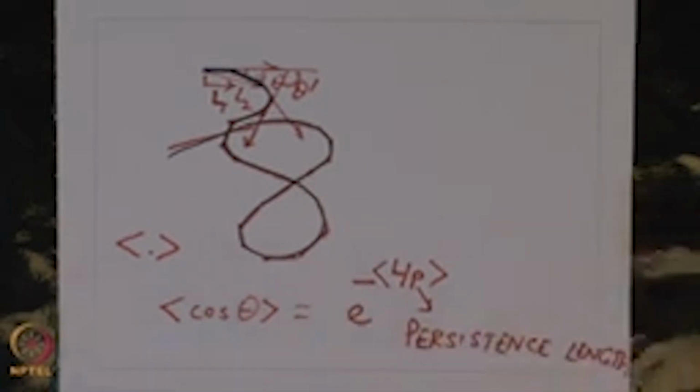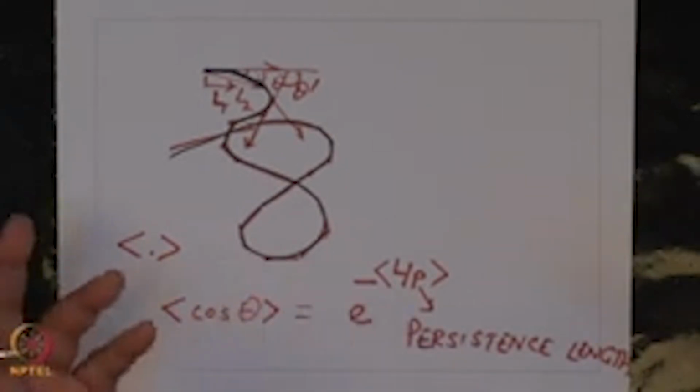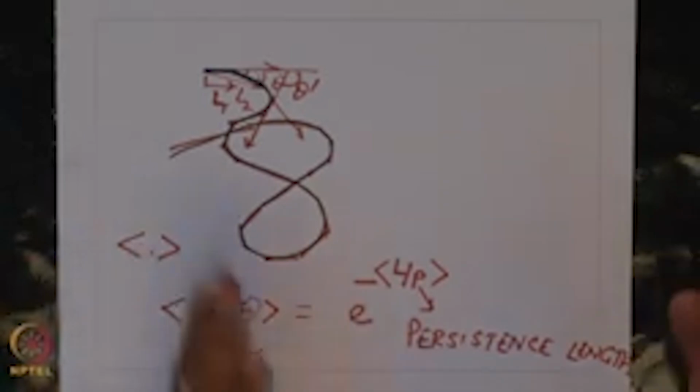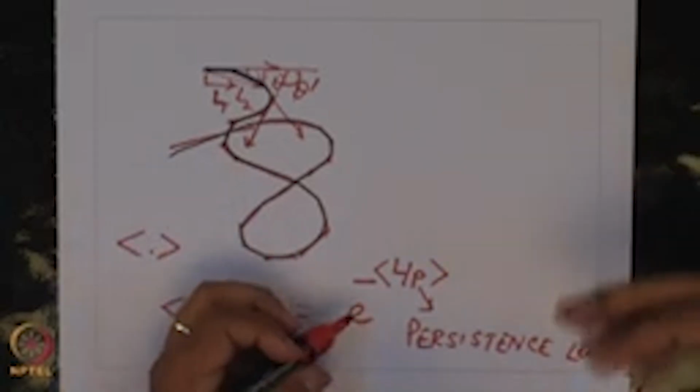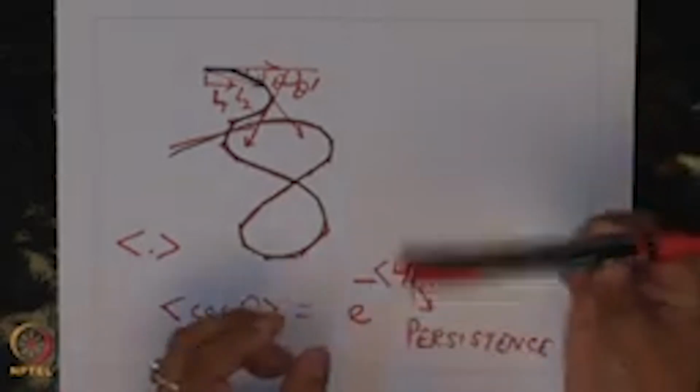Okay. So, this would be a very nice way of characterizing the persistence or the directionality of individual fibers. What is also known is this persistence length is dictated by the stiffness of the spring. In other words, if you think of this pen here, this is completely straight, which means it is reasonably stiff.